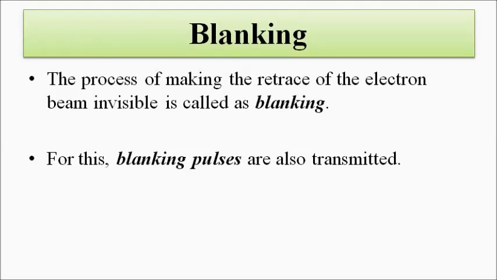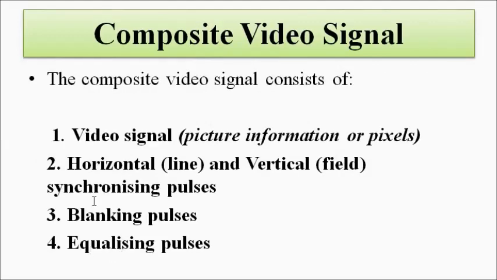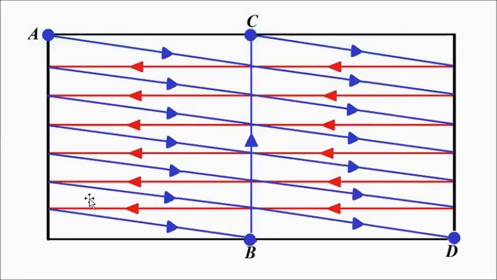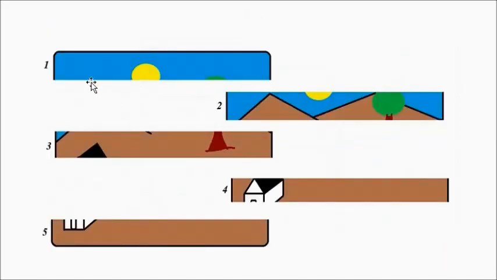Then come the equalizing pulses. The equalizing pulses are transmitted before and after the synchronizing pulses, to eliminate the difference between odd and even fields. As you can see here, in case of interlace scanning, we have already discussed that the whole picture frame is divided into two fields, the odd field and the even field.